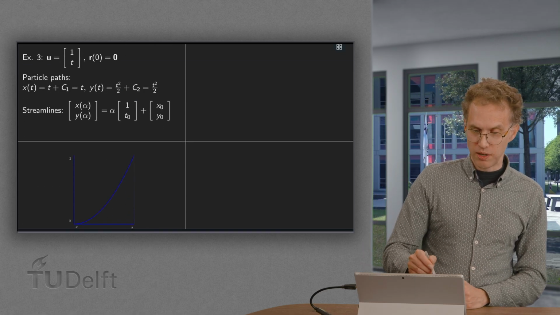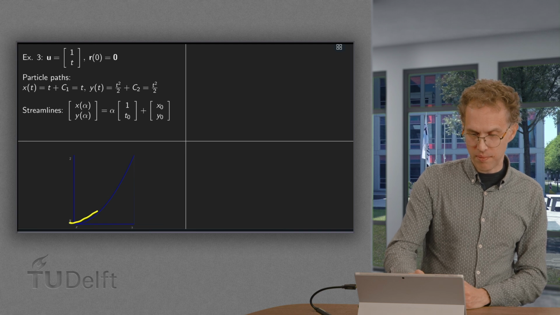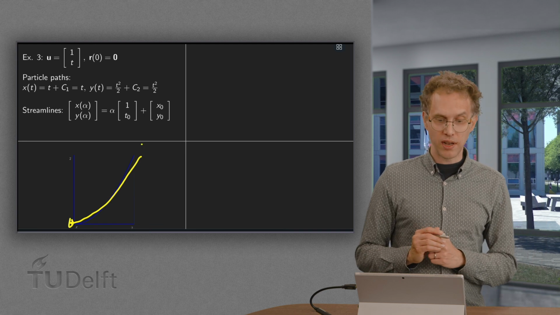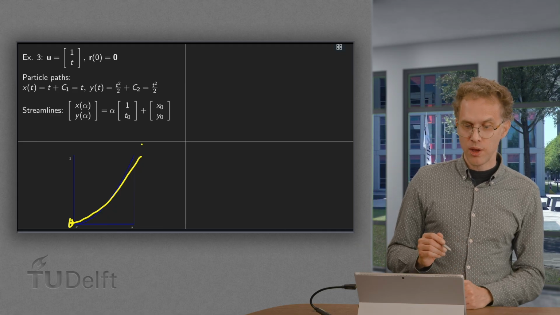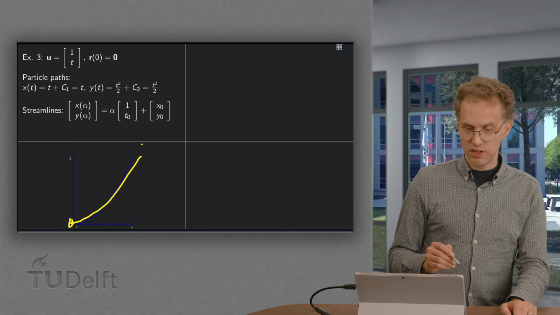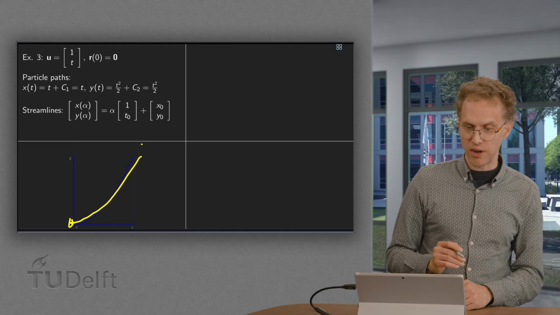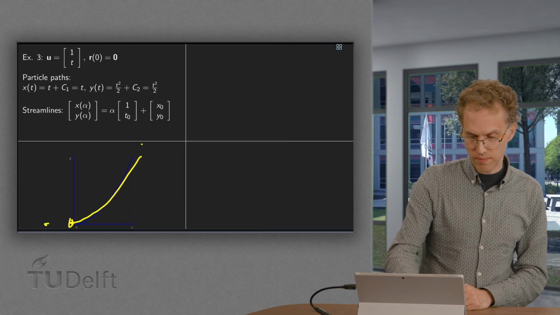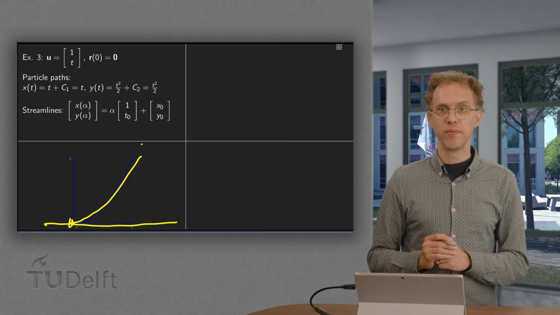So in the picture in blue, we have our parabola as the particle path if we start in the origin. But how do our streamlines look? Well, if you take, for example, t0 equals 0 and x naught, y naught 0, you get a streamline which is just this one over here.